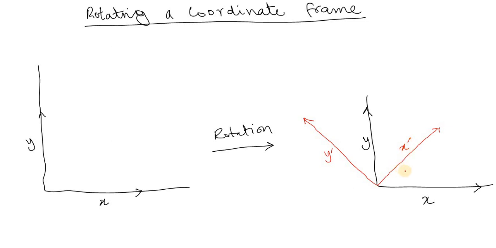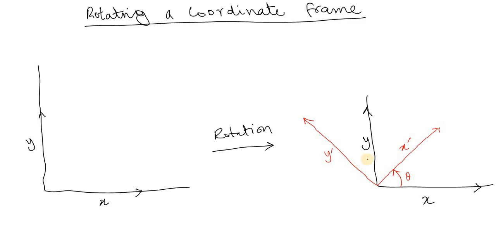So we have rotated this coordinate frame with the angle, let's call it theta. So it means that the X-axis will be rotated by angle theta, and the same is true for your Y coordinate.